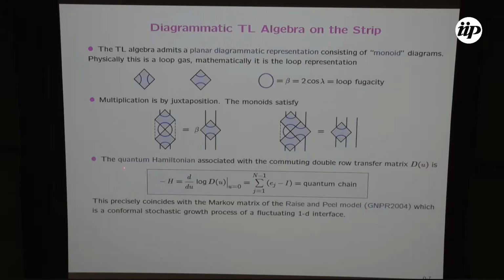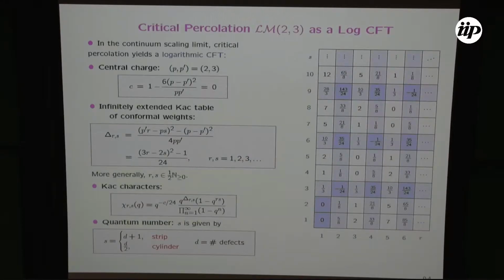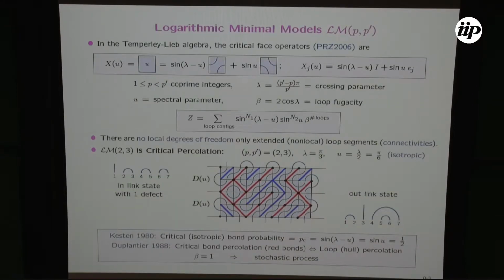This is a conference on quantum chains, so let me describe the quantum Hamiltonian. If you take the double row transfer matrix, which I showed earlier, diagrammatically, it's just here. It's formed by a product of two faces of the two rows of the lattice with spectral parameter u at the bottom, lambda minus u at the top.